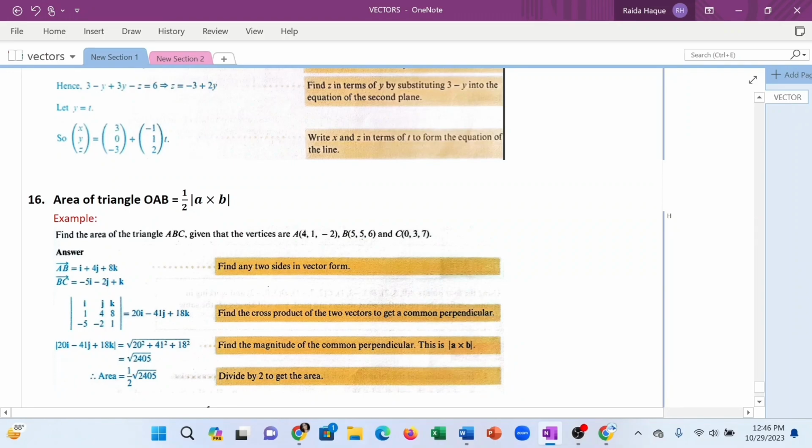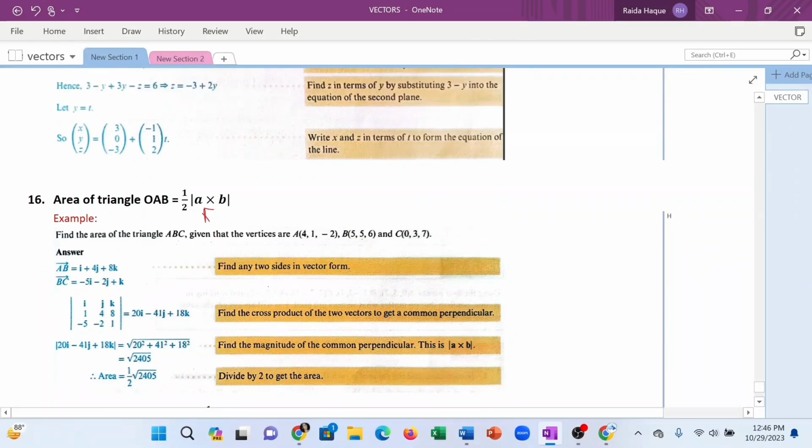And then they did the cross product, as you can see. Doing the cross product gives you this value. And so if you plug this back into this formula, the area will be half into the magnitude of the direction vector that you found using the cross product. And that will be your area.